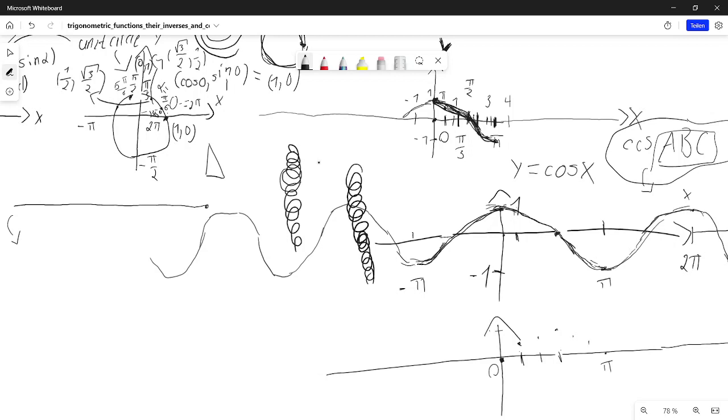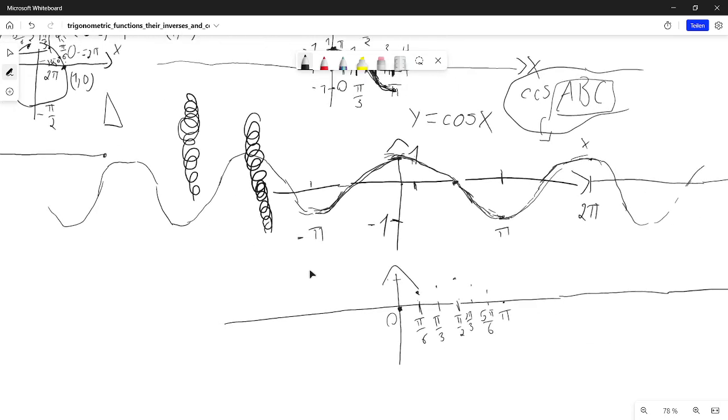Right, so pi here, 5 pi/6. Here we would have 2 pi/3, here pi/2, here pi/3, here pi/6. Right, that we have here.